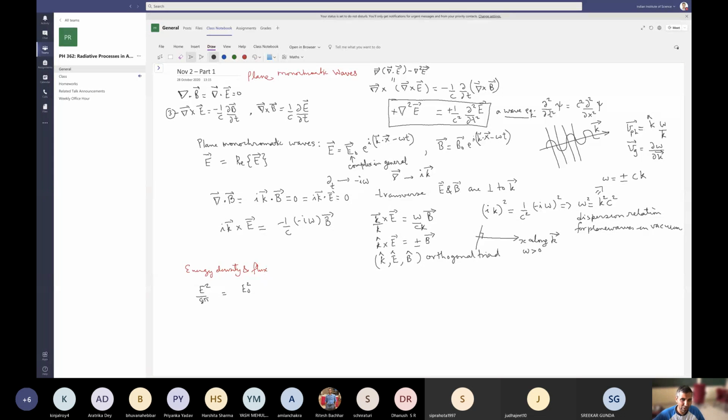And the nice thing about e to the i is that if you take derivatives and curls and so on, you don't convert sines into cosines and cosines into sines. It only brings about a phase factor, and the manipulations are very easy. So this is the standard practice that we use when we deal with waves.